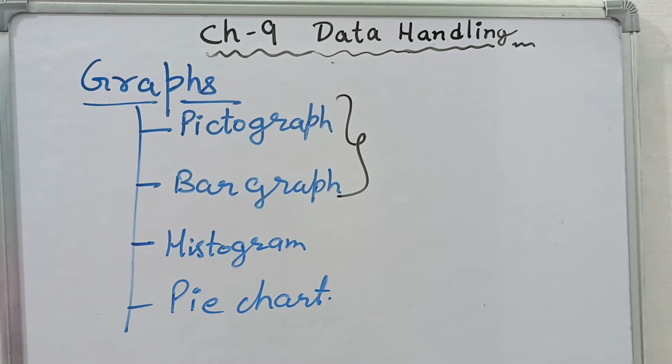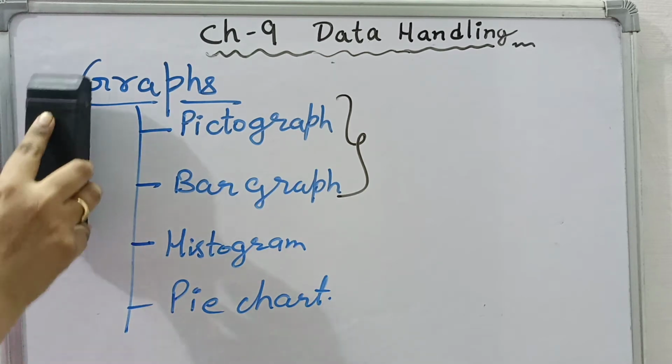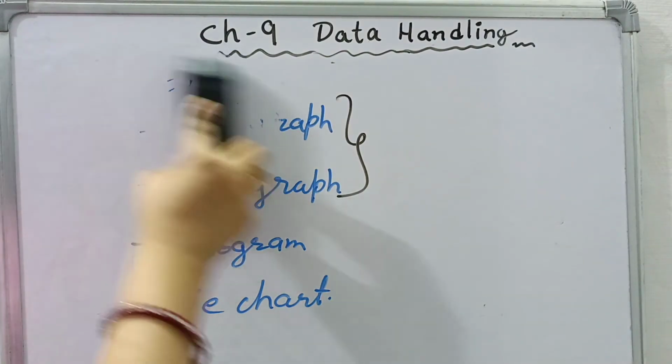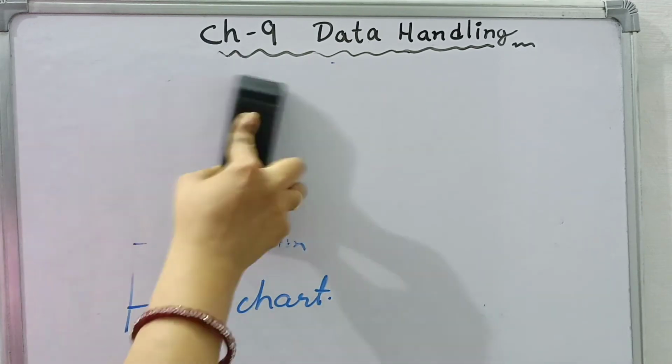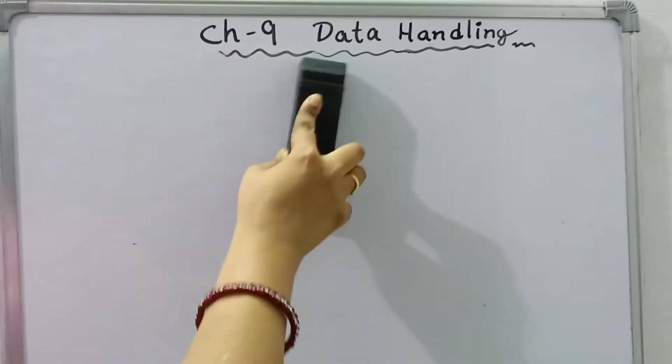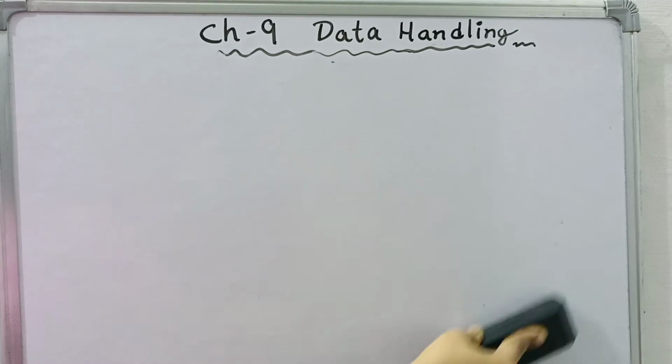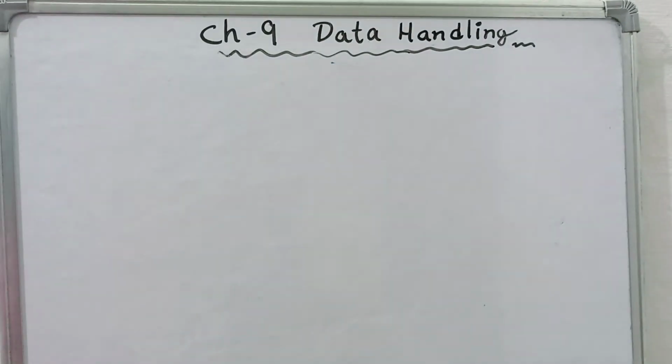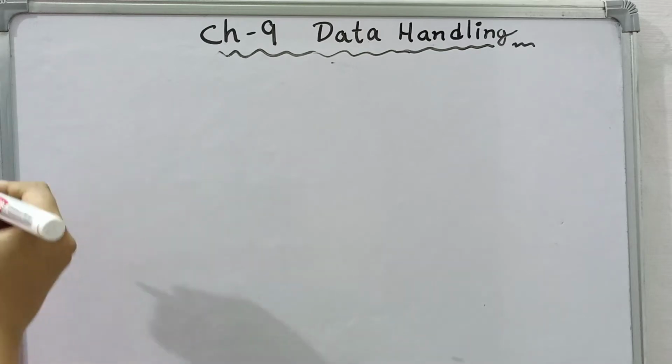So let's first understand how we can read a pictograph. As the name says, pictograph, that means in this graph we are going to make certain pictures.